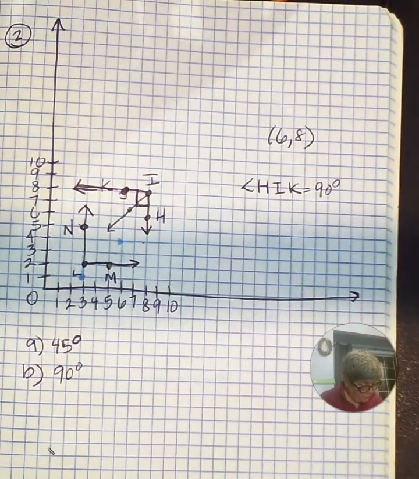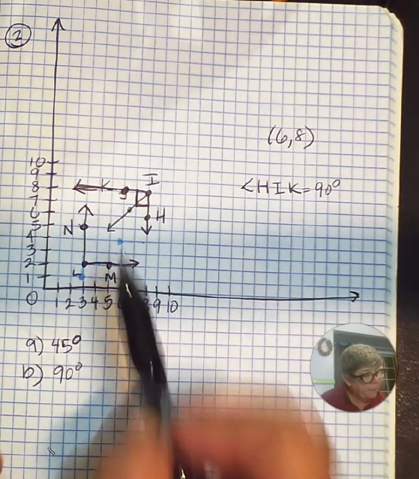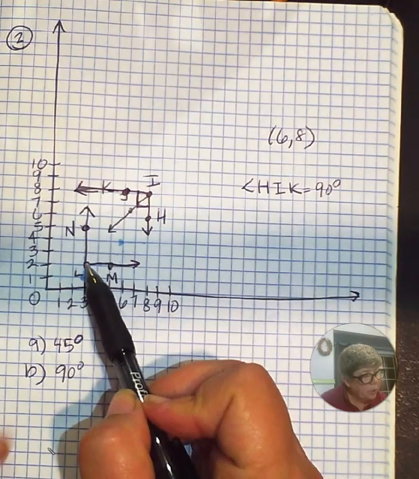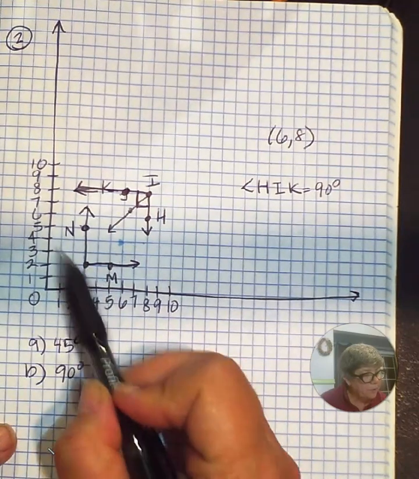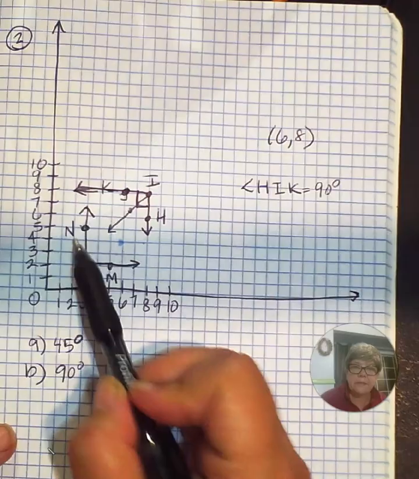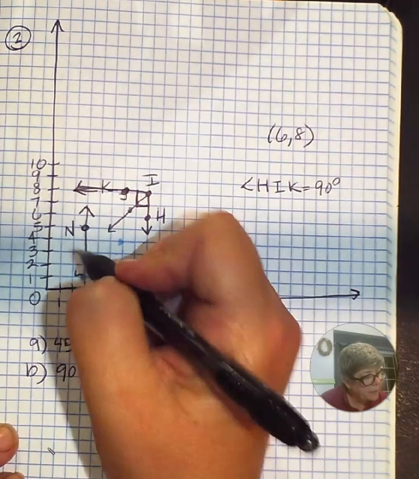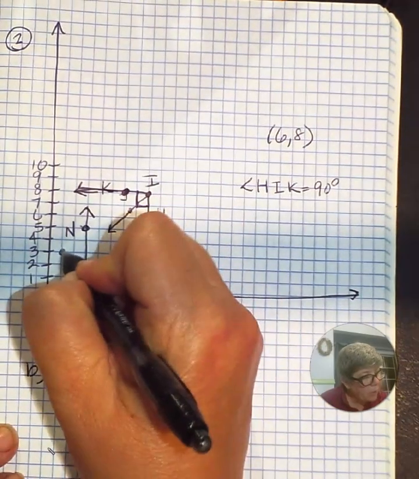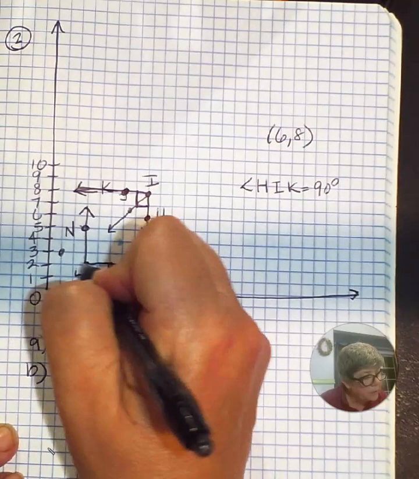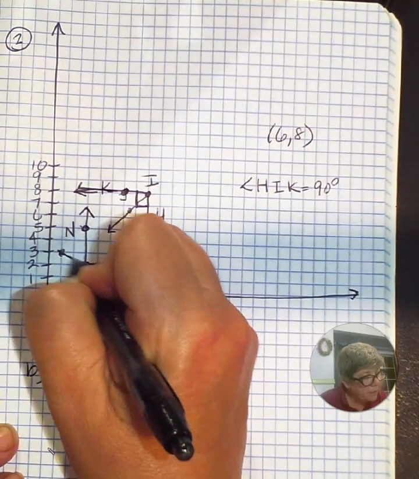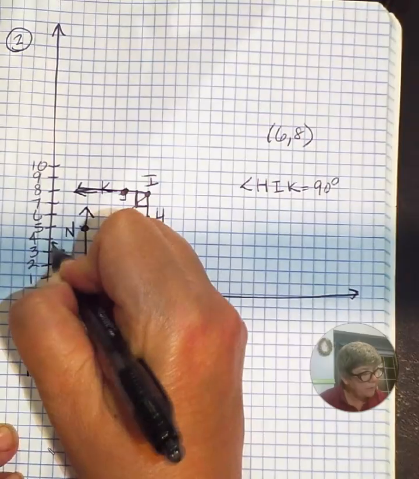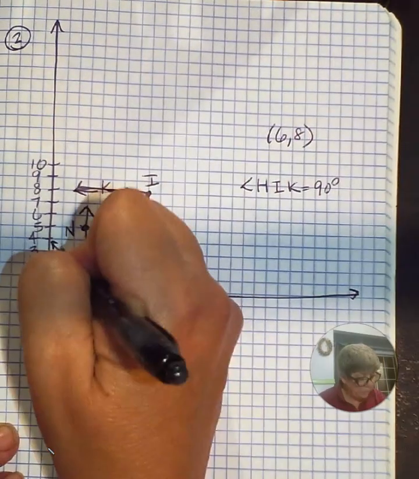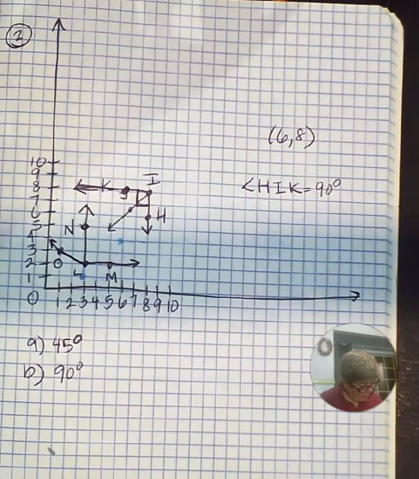Plot point O so that MLO is an obtuse angle. Okay, MLO. So O is going to have to be over here somewhere to make it more than 90 degrees. So I'm going to put it here at 1, 3. You put it where you want. Okay, and I'm going to make an arrow on the end, and that's O. Okay, and what is the measurement of MLO?